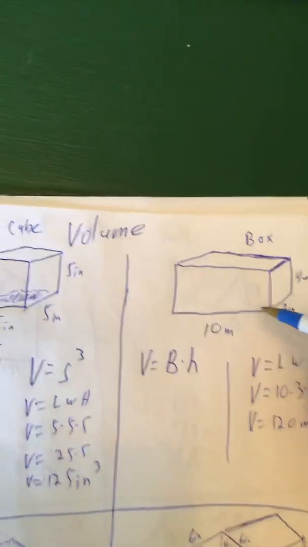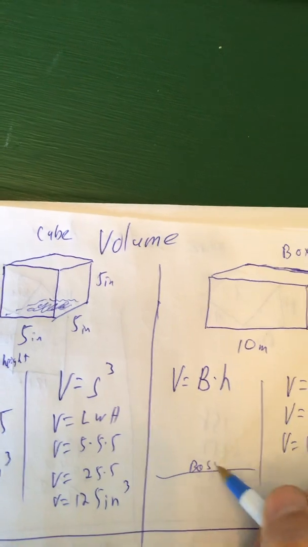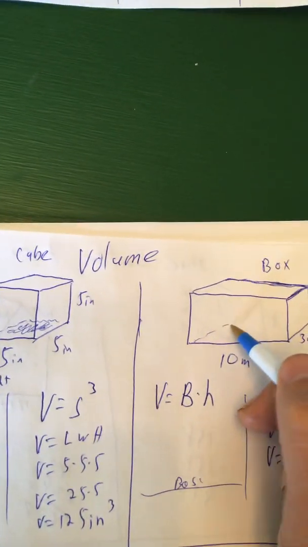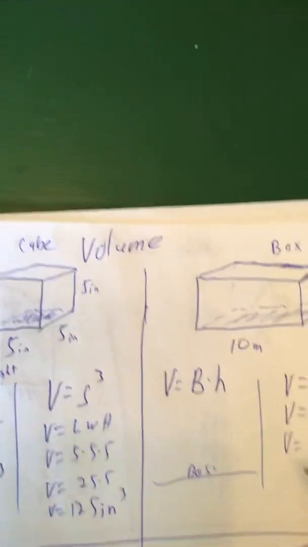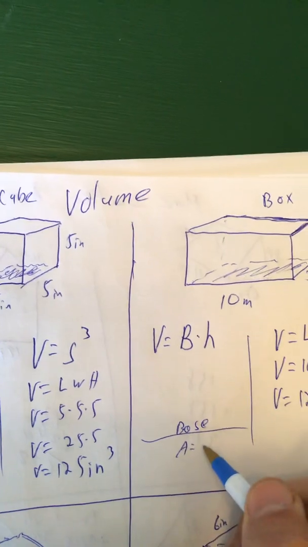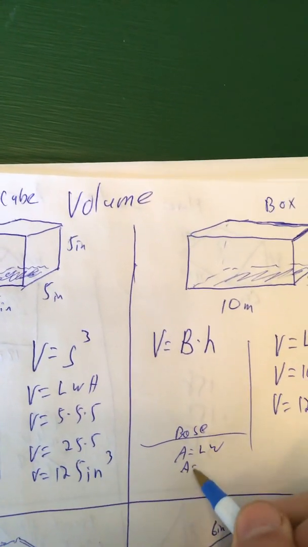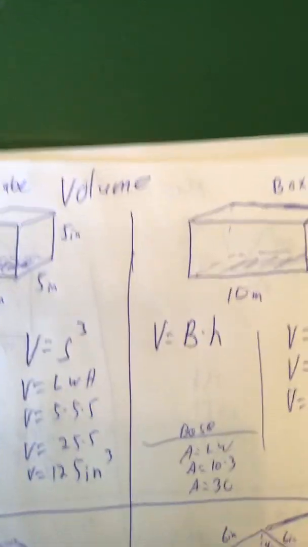Now, what if I found the base? Here, I'll come down here. The base, right here. Here's the base. The base is a rectangle. And the base is length times width. That's going to be 10 times 3. The area of the base is 30, right?